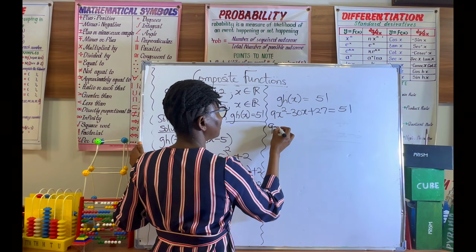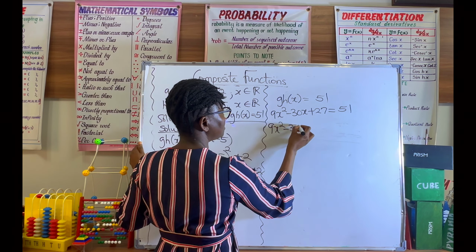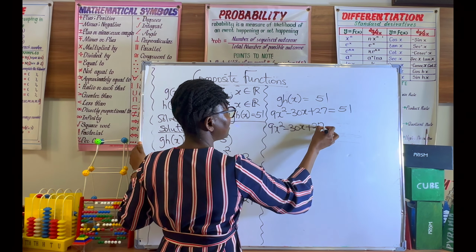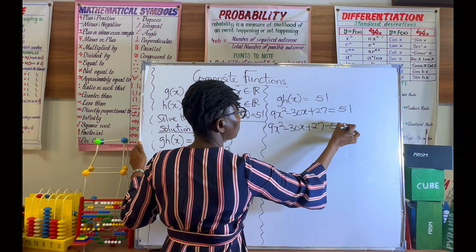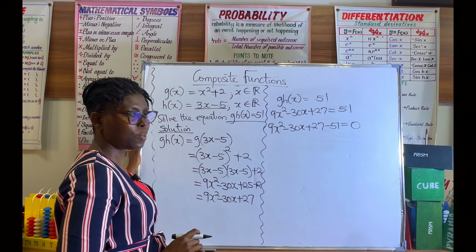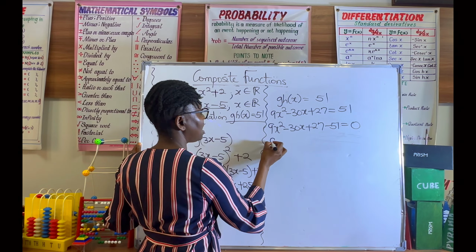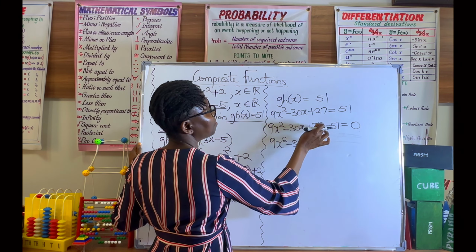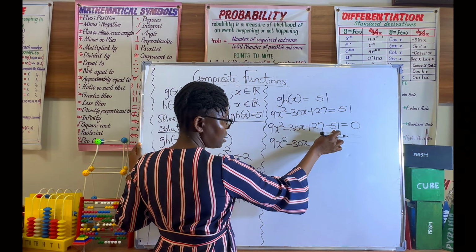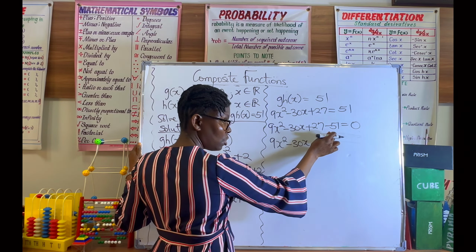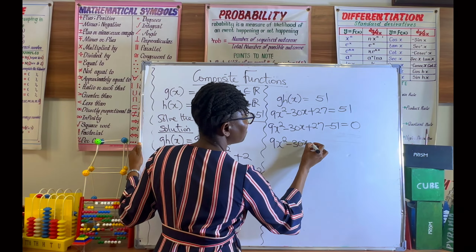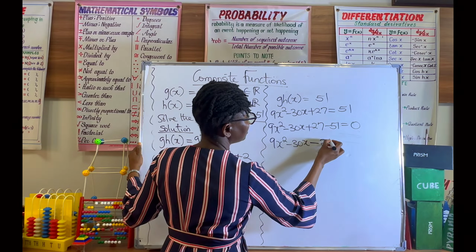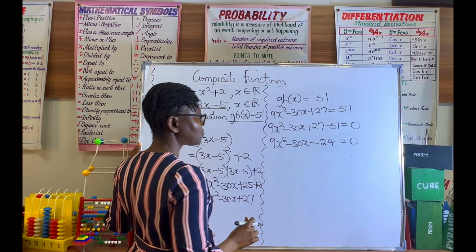So we'll have 9x squared minus 30x plus 27 minus 51 equals 0. To simplify this, 27 minus 51 would give you minus 24, equals 0.